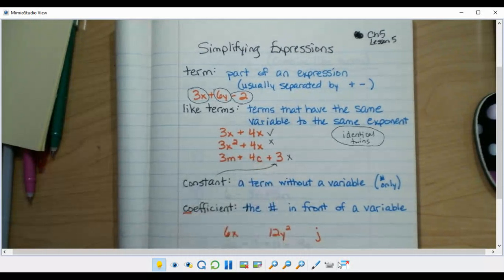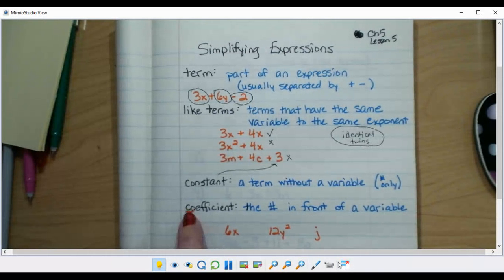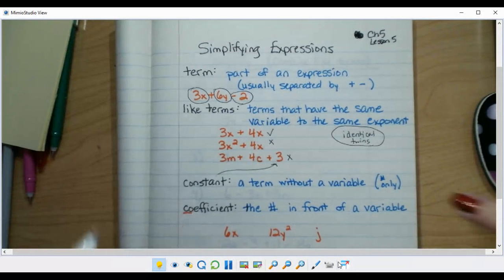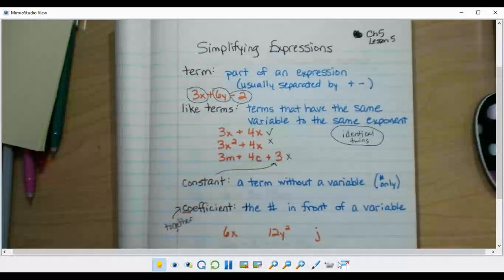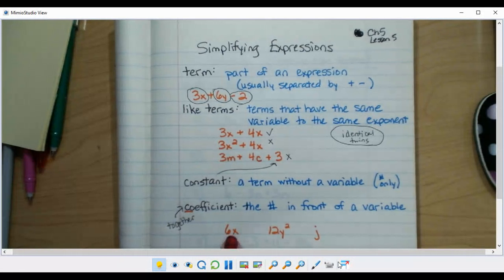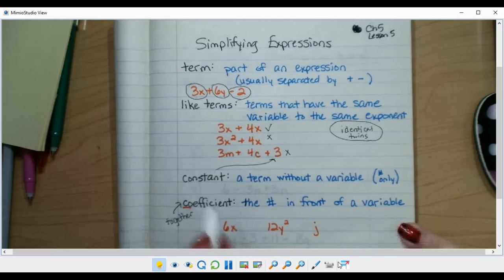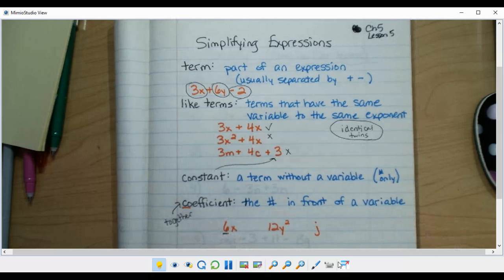And then the last one, this I know we've talked about already this year, is the coefficient. And I underline the prefix co. That means together, right? If you've got co-captains on a team or co-presidents, they do it together. A co-pilot. So a coefficient is the number that goes together with the variable. In the 6x case, the coefficient would be 6, just the number.